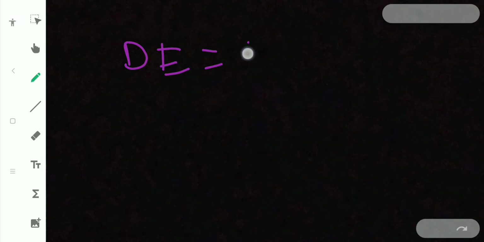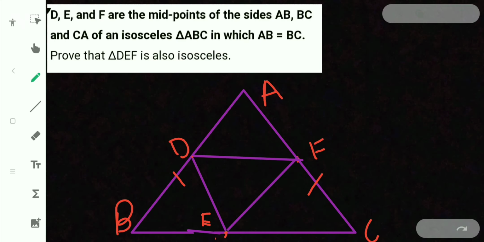DE is equal to half of AC. So as this is joining these two midpoints, these are midpoints, it is given in the question. As it is joining two midpoints, it will be equal to half of it, and it will be parallel also.